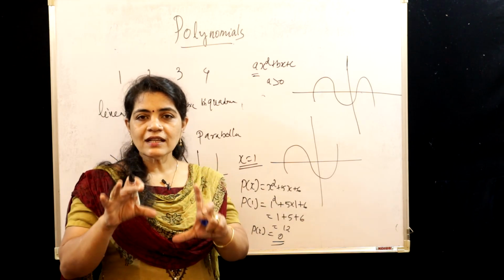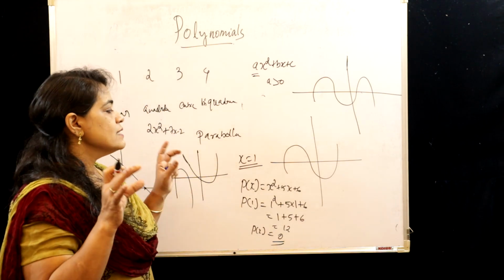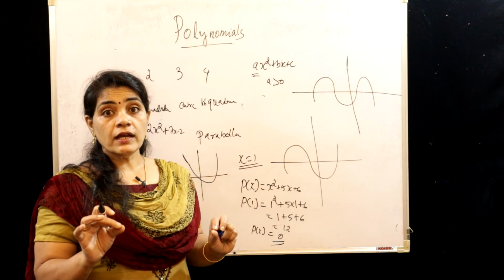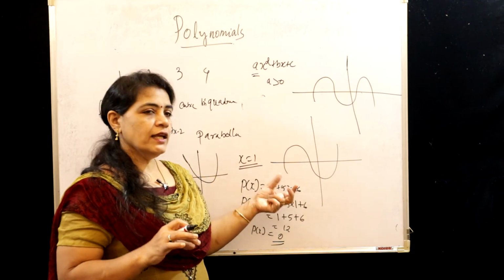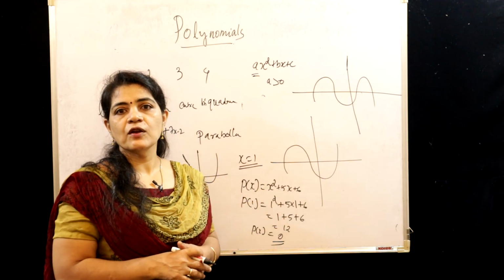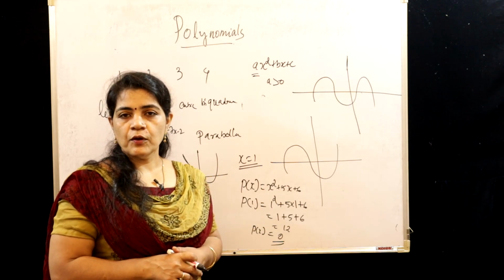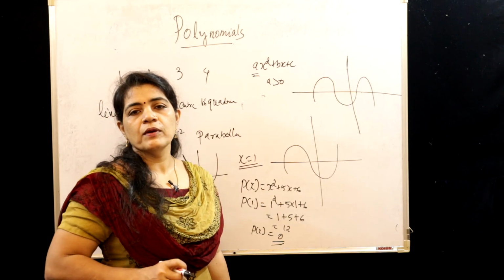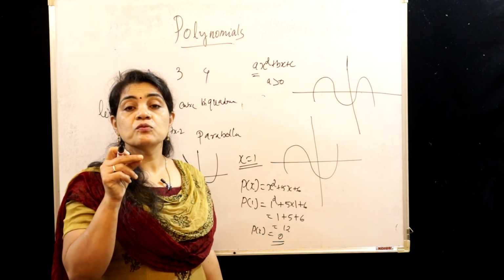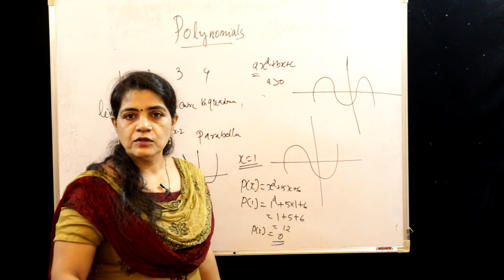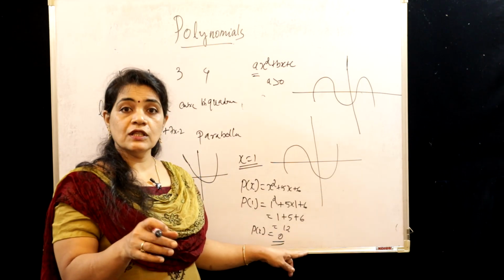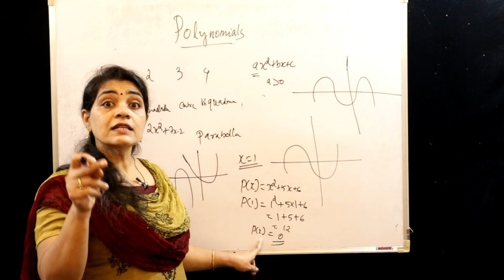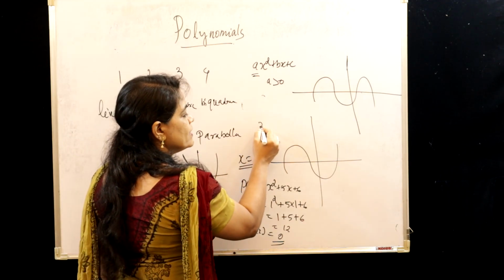In order to get the zero of the polynomial, this is the condition, children: equate the given polynomial to 0, and you can easily find the zeros. That point is clear, that zero of the polynomial is nothing but the value which makes that polynomial 0. That is p of x equal to 0. That value of x is what we call the zero of the polynomial.